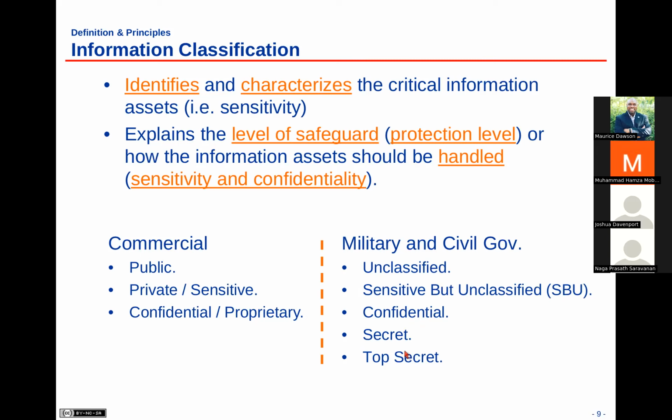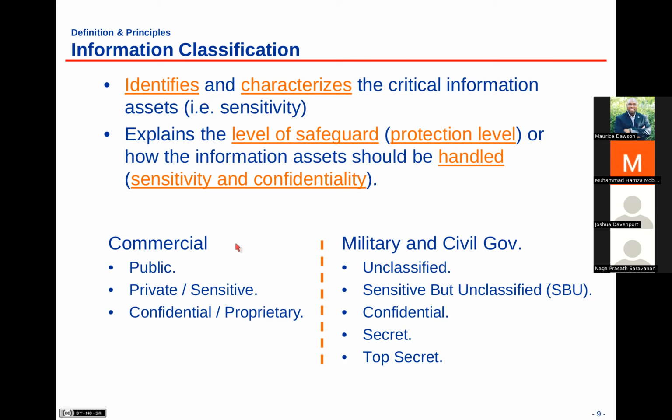There's other classifications like Yankee White, or not classification, I would say caveats. Yankee White, Yankee Gray, special access programs, sensitive compartmented information, single scope background. You have all these others, but those are just caveats. Unclass, secret, top secret. Commercial, low, medium, high.